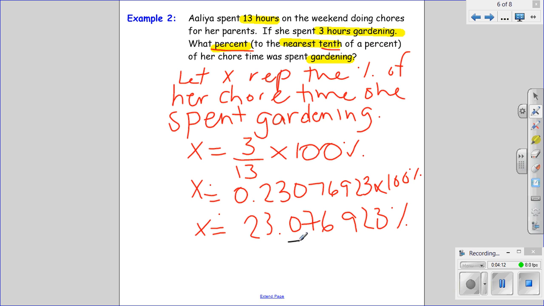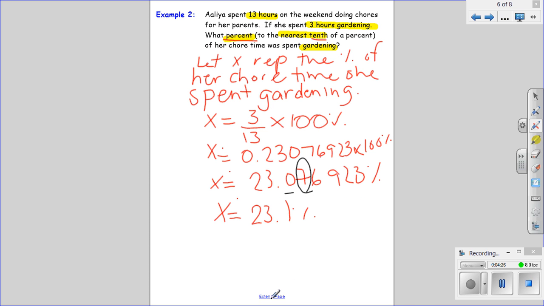And it said to do it to the nearest tenth of a percent. So I want to have my number in the tenths column. That'll be my last number. So I look at the number immediately to the right. It's bigger than 5. So it tells me to take the number in my tenths column, which is a 0, and add 1 to it. So it's 23.1%.